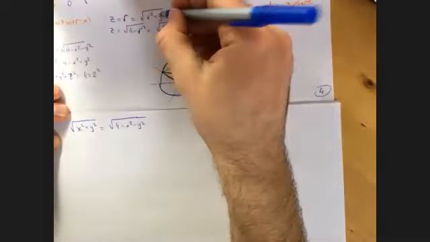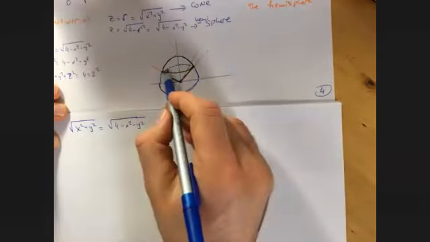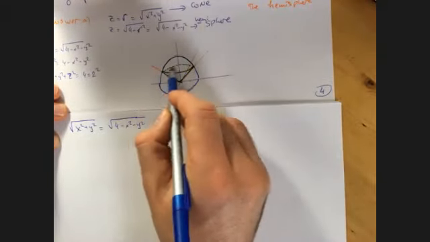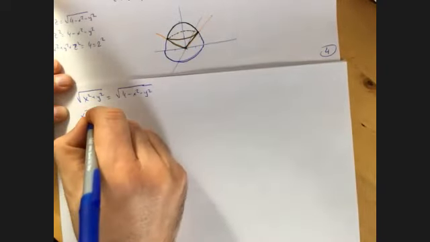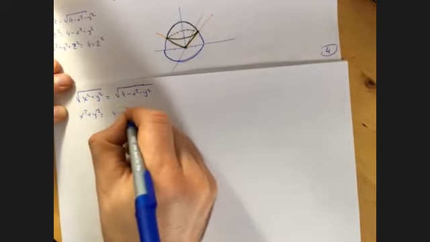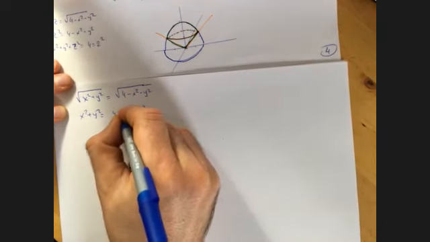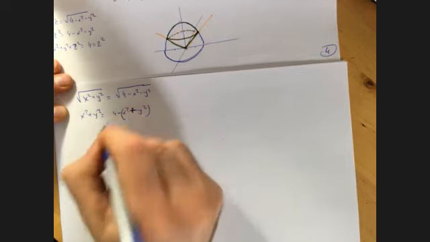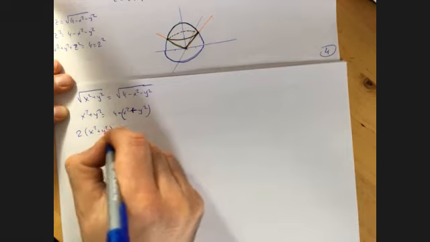So I'm putting these two equal to each other. That's when the z value is the same in this circle. Square both sides: x squared plus y squared is equal to 4 minus (x squared plus y squared). Bring this on this side, you get 2 times (x squared plus y squared) is equal to 4.